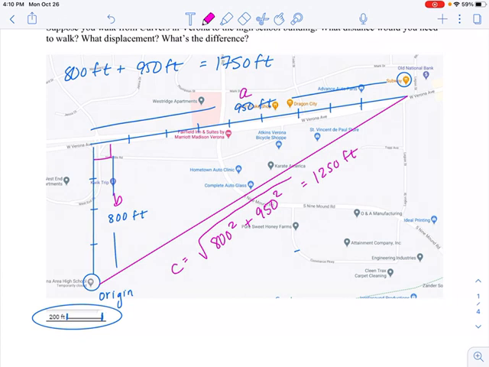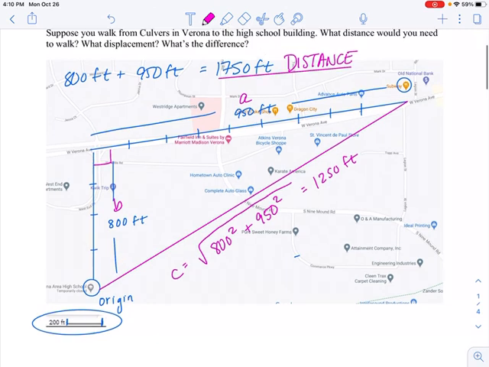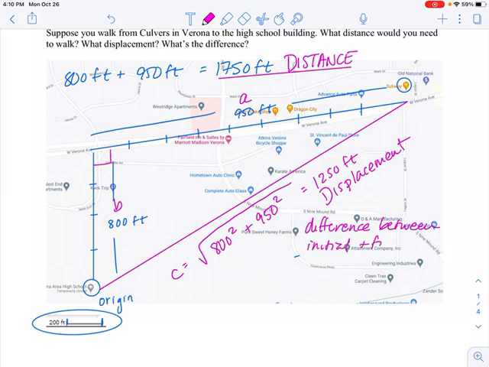So there's really two numbers here. There's the distance that I traveled. Distance is how many steps I got on my pedometer. And then there's also my displacement. And my displacement is the difference between my initial and final positions.